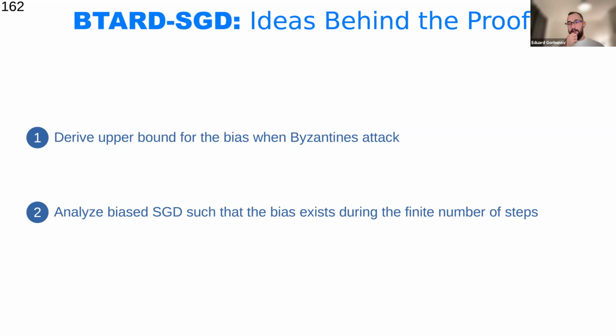We use clipped SGD there, and when you have clipping in the method, updates are bounded themselves, so it's much easier to analyze such methods. And when we develop such a method, it's important to ensure that each deviation from the protocol can be checked if this client is selected for checking.